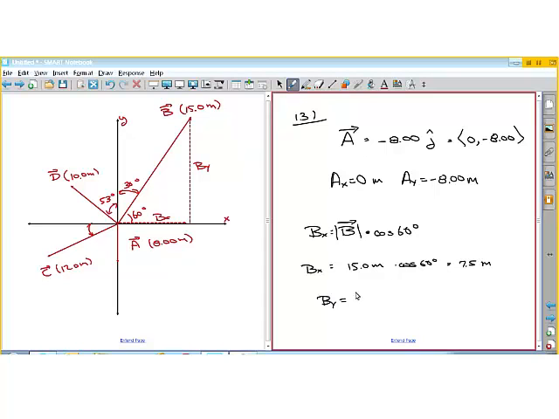And the y component, we do the same thing. We take the magnitude of the B vector, which is still 15, times the sine of 60 degrees, which is equal to the square root of 3 over 2.